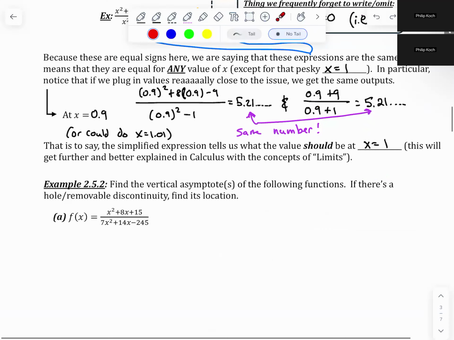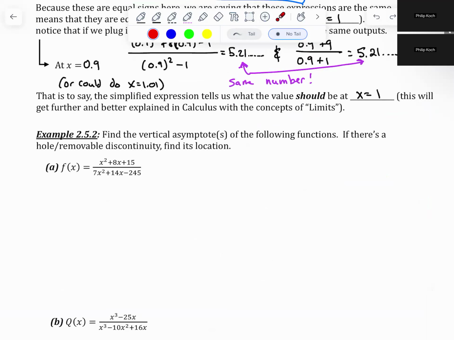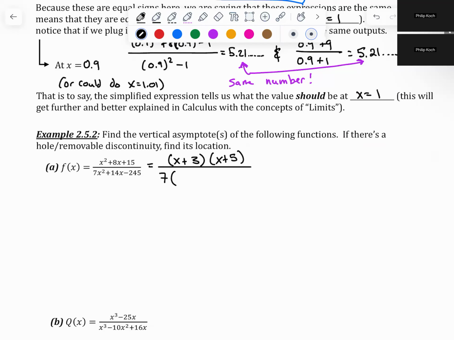Let's do an example so we can get further into it. This one here, find the vertical asymptotes of the functions, and if there's a removable discontinuity or a hole, find its location. So I'm going to factor it this time, and this thing factors nicely to, okay, so up on top, that's going to be x plus 3 times x plus 5. And down in the denominator, there's a common factor of 7 that can be pulled out front.